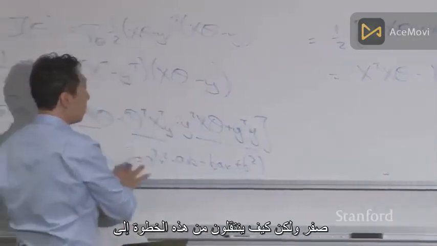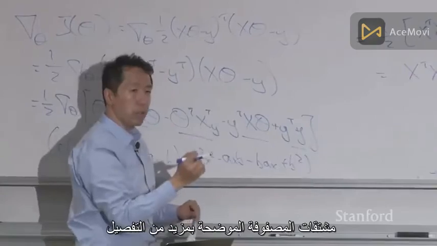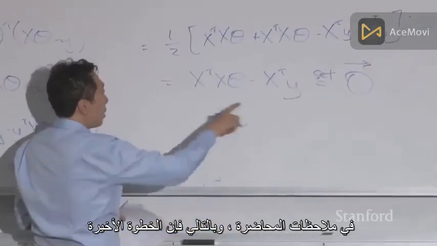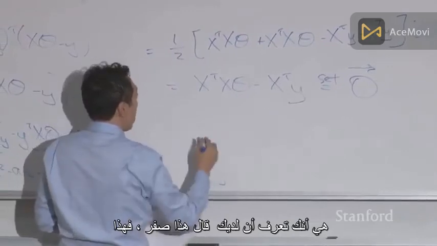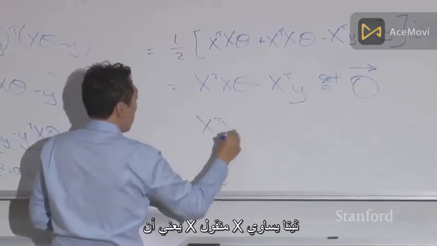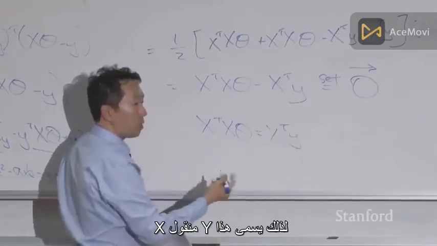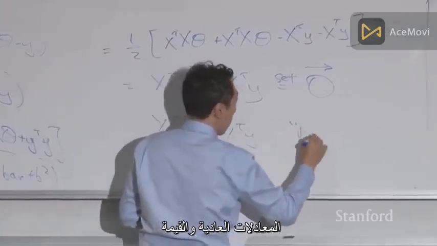How to go from this step to that step uses the matrix derivatives explained in more detail in the lecture notes. And so the final step is, having set this to 0, this implies that X transpose X theta equals X transpose y. This is called the normal equations.